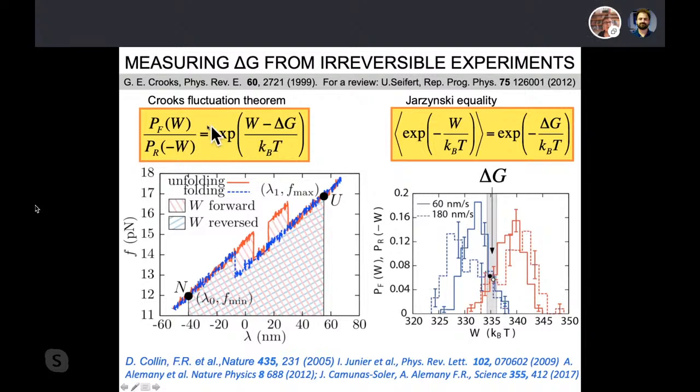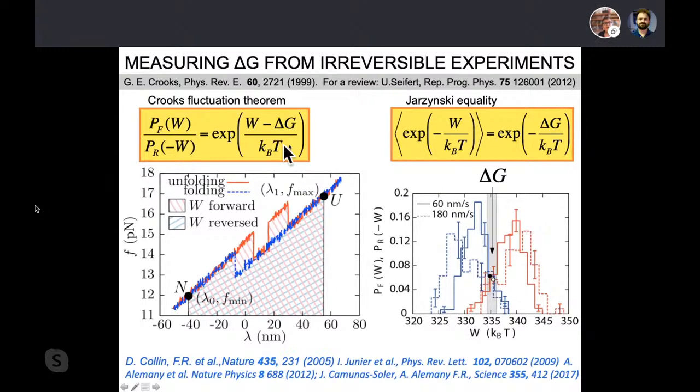Now, one consequence of the Crooks fluctuation theorem is that despite the fact that these distributions are different depending on the pulling speed, so PF is different depending on the pulling speed, and the same holds for PR, the crossing between the two distributions is always delta G. Because for W equal delta G, you get exponential of 0, which is 1, so this is equal to this.